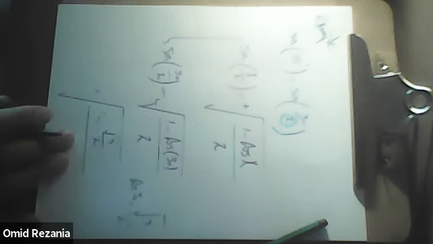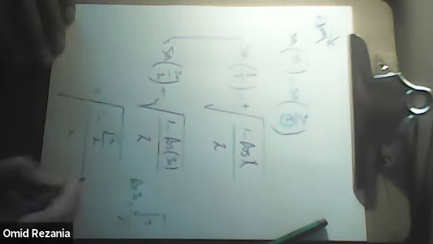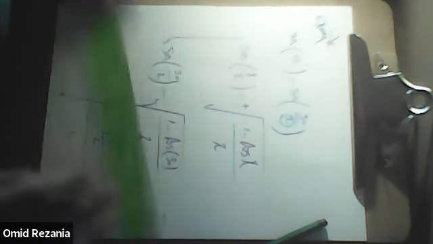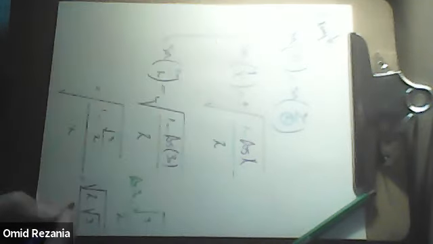You take the common denominator from this, and the 2 over 2 goes away, then it becomes the square root of 2 minus root 3, divided by 2, which is going to be the final result.